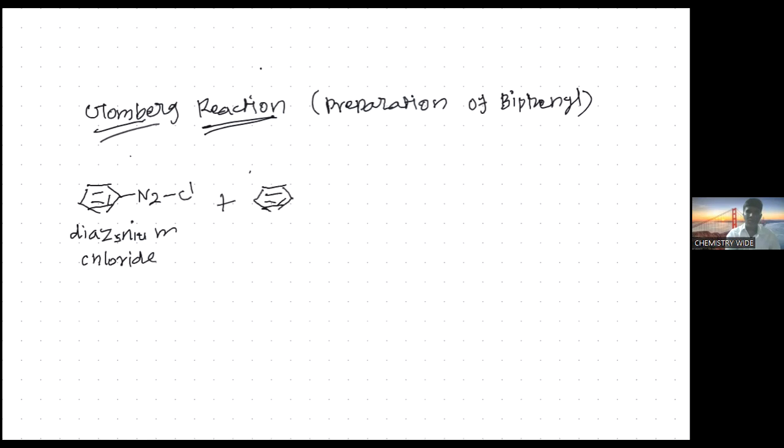So the benzene molecule in the presence of sodium hydroxide, NaOH, we get biphenyl.